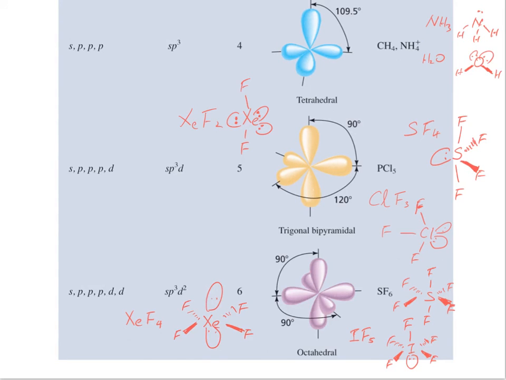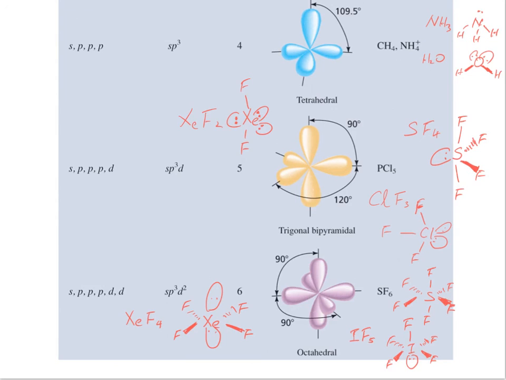So we have four bond pairs and two lone pairs, four plus two is six pairs. The arrangement of these six pairs is octahedral, and therefore the hybridization state of the central xenon atom is sp3d2. Of the six sp3d2 orbitals, four form sigma bonds with fluorine, and two host the two lone pairs.